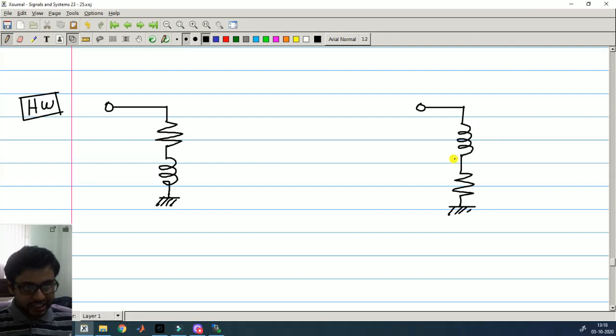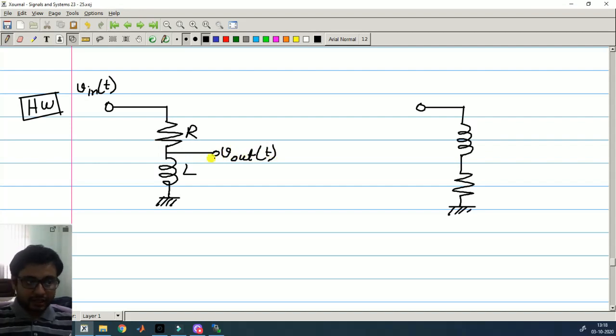Next, consider these two circuits. This is an RL series circuit. This end is grounded. Here you can apply the input voltage V in, and from here you measure the output voltage.